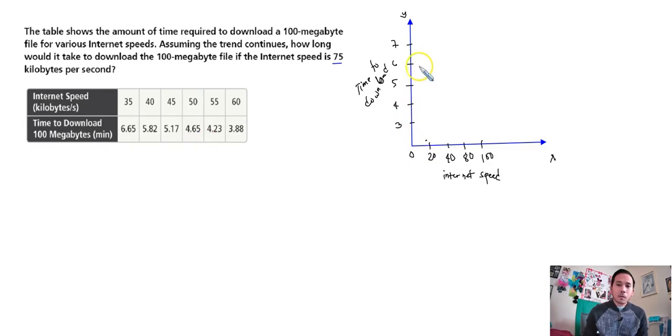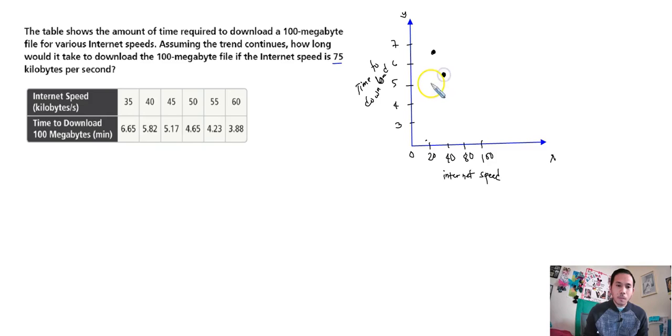So 6.65 and then 35. Maybe it's here. I'm just plotting it. Where is it located? And then 5.82, which is 40. It's here.